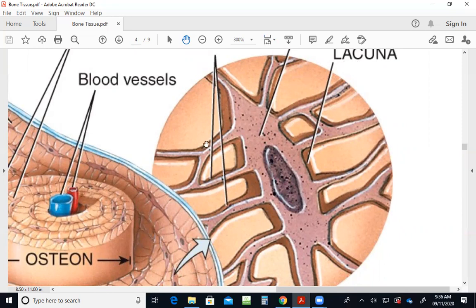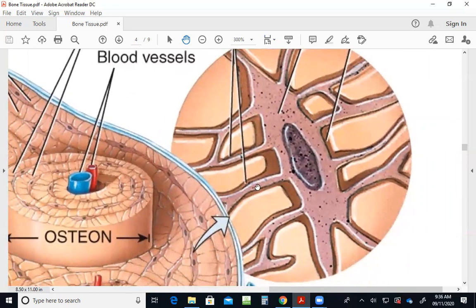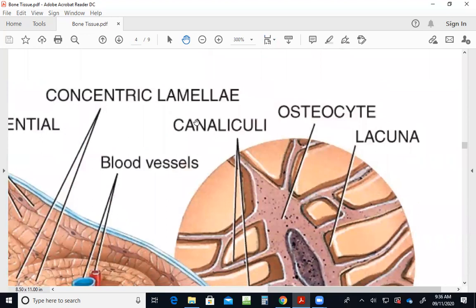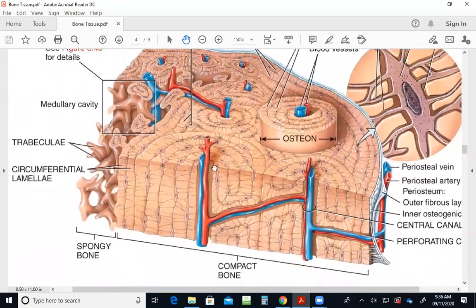Now, I always have thought these look like little bugs because they've got these kind of leg-like extensions that radiate out from the central portion of the cell. And those leg-like extensions radiate out in what are called canaliculi, probably one of my favorite words to say all semester long. These radiating canals you can see all over the place are these little tiny faint lines, and they provide avenues for nutrients to perforate out from the blood.